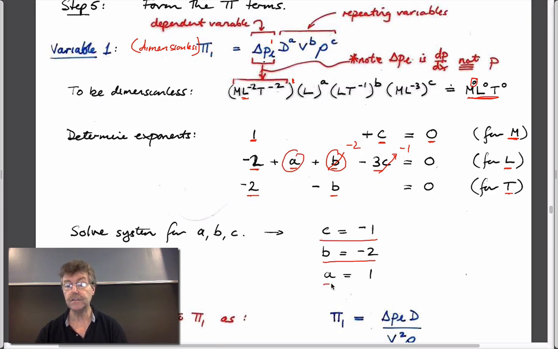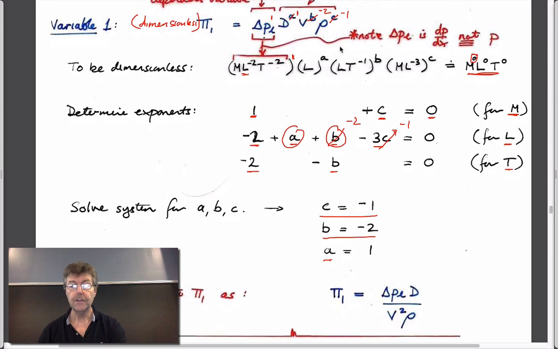And so we have each of these. Now we can come back to this, and we know that a is equal to the power 1, b is equal to the power minus 2, and c is equal to the power minus 1.